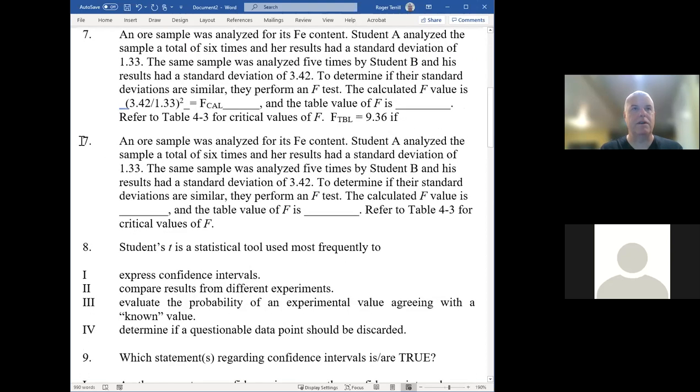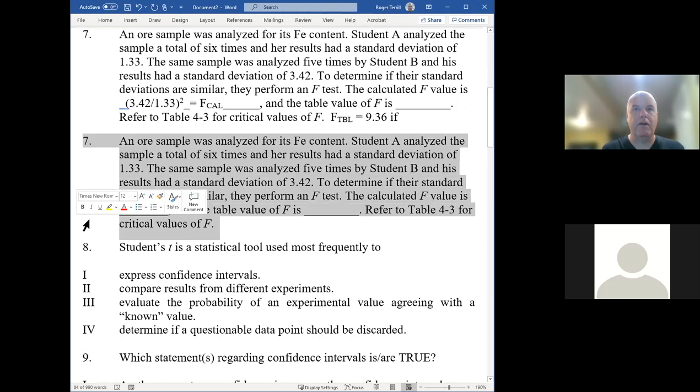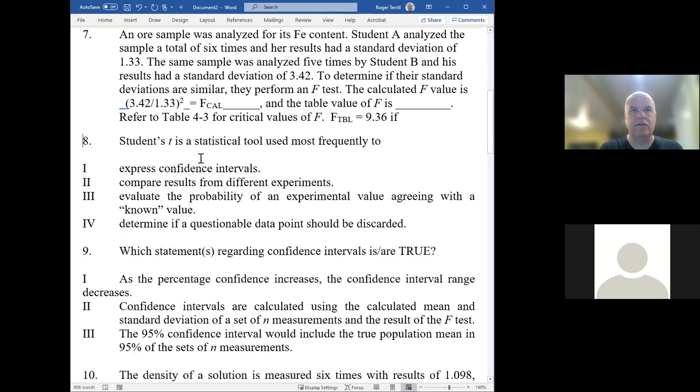Okay. Student's t is a statistical tool used most frequently to express confidence intervals. Yes, that is true. Compare results from different experiments. That is true. Evaluate the probability of an experimental value agreeing with a known value. That's true.